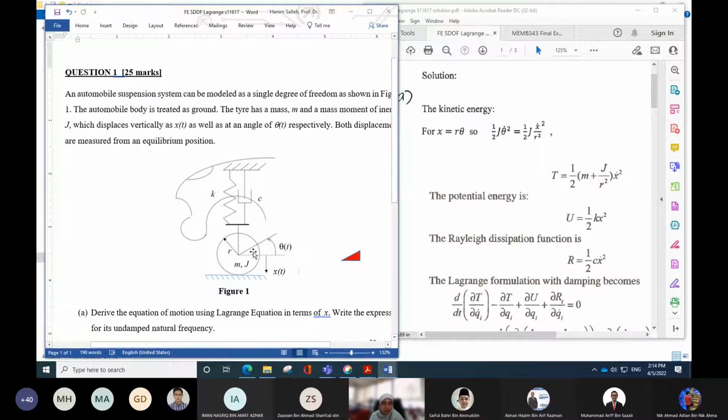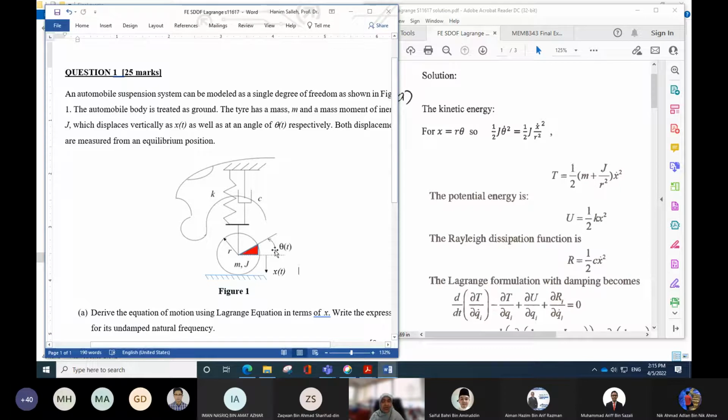So how do you convert that? Take a look at this part here. It is like a small triangle that describes the X, which corresponds to the displacement of your K and your C. They also draw it here, but basically this displacement X equals r theta, because r is the radius and this turns at an angle of theta.